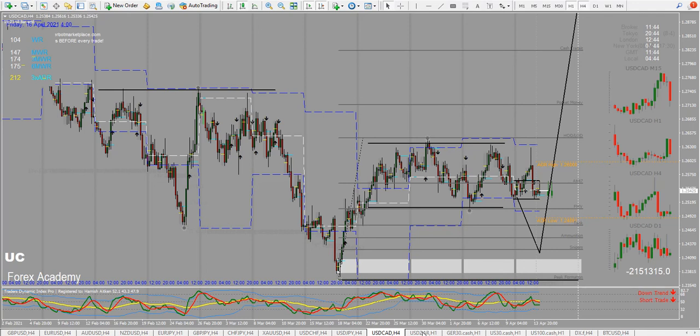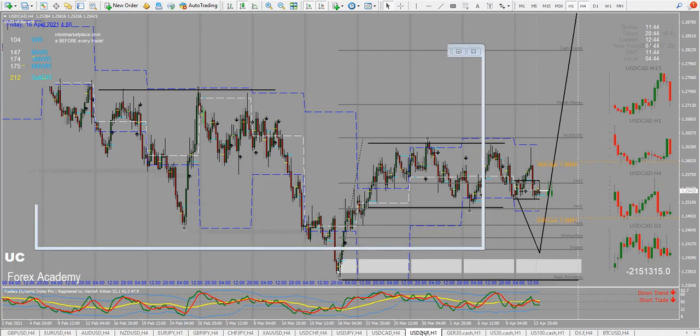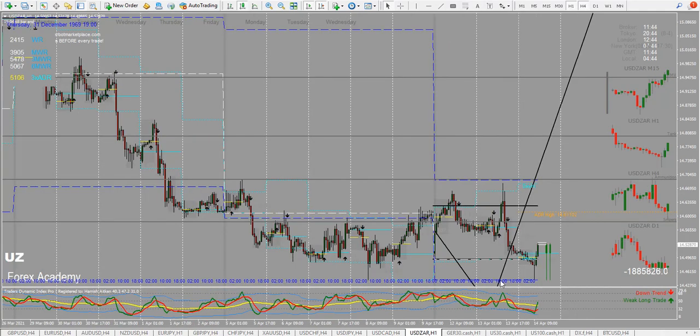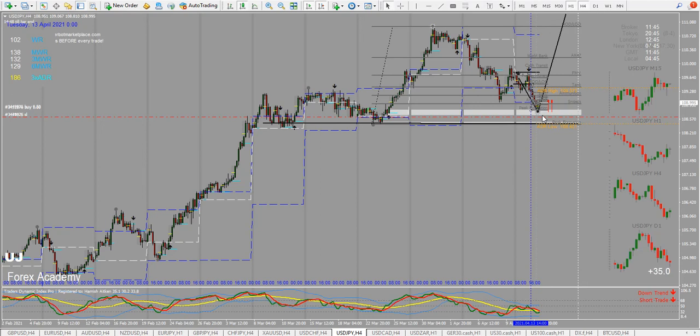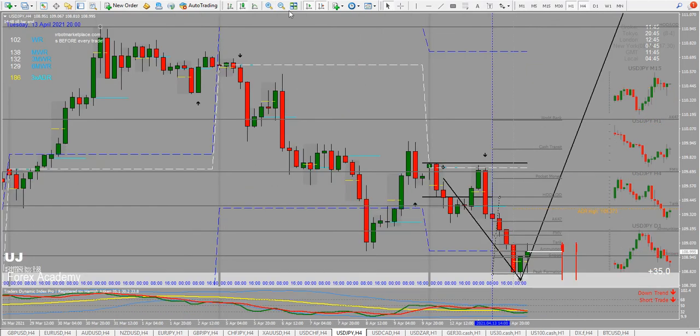And then going with USD ZAR, US dollar rand. This is also my favorite pair. I could have taken this trade while I was taking the USD JPY, but the reason why I took USD JPY is because the market had already tested my zones of interest.